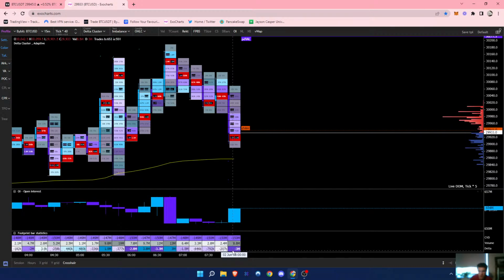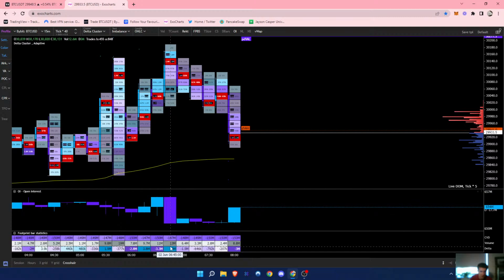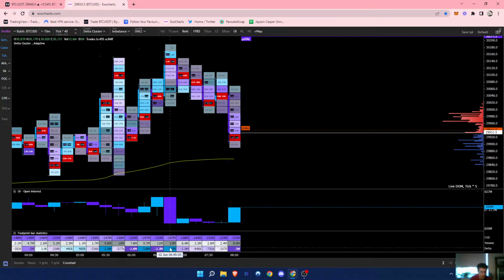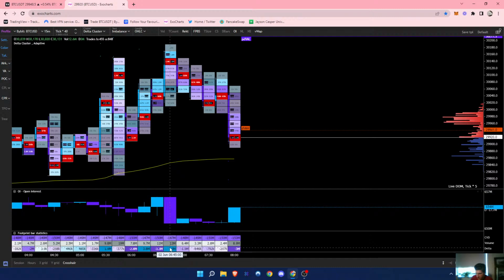Whenever delta is negative, that really means shorts or bears are in control for the time being. And whenever the delta is positive, you can think of it as bulls or buying power in control. People are longing. Really, volume is just the strength of the trend.